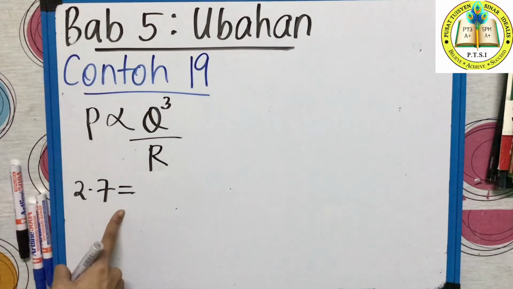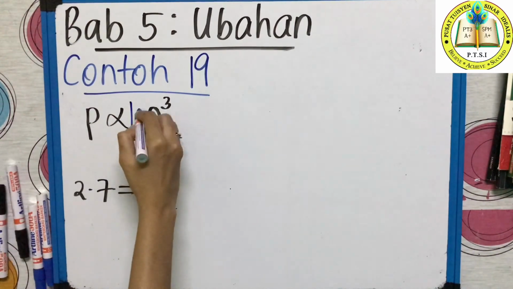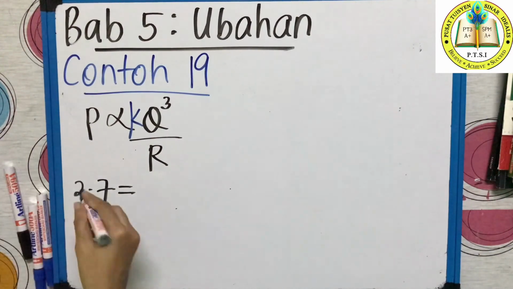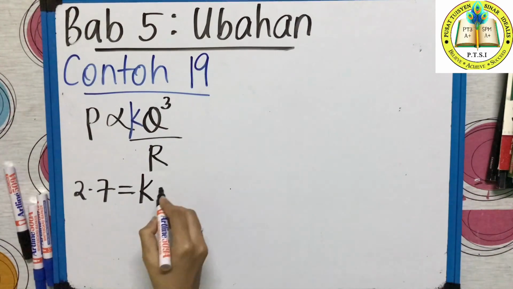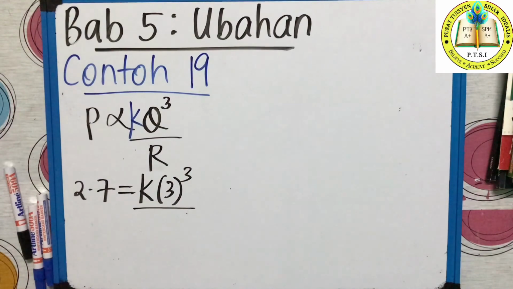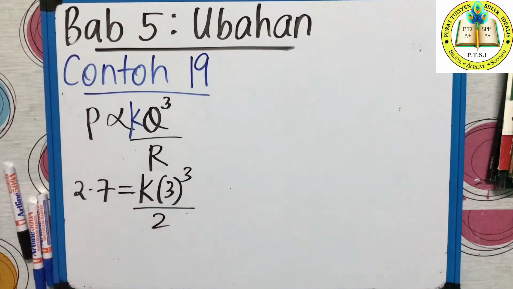This one teacher put equal. Okay, mana ada K? Remember teacher told you after the equal must have the K. So teacher put the K here. P 2.7 equal K, Q. Q sama dengan 3. Then you put kuasa 3 over R sama dengan 2. So once you write the equation ganti, tapi lepas sama dengan ada K.